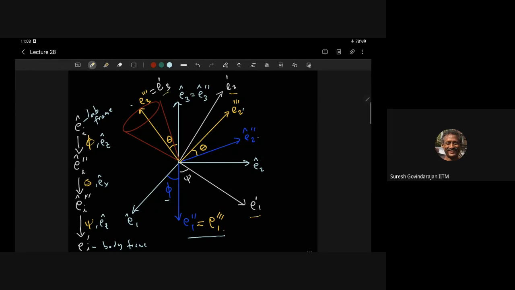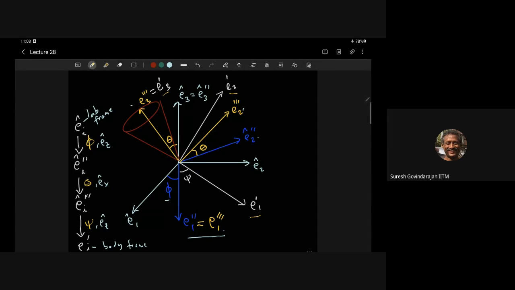Is that fine? Yes, because it's about the new z-axis, E3 triple prime. That's why E3 triple prime is the same as E3 prime. So we have this nice picture, and the thing here is the symmetry axis of the cone.